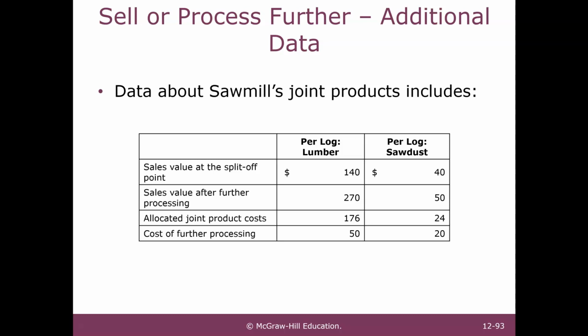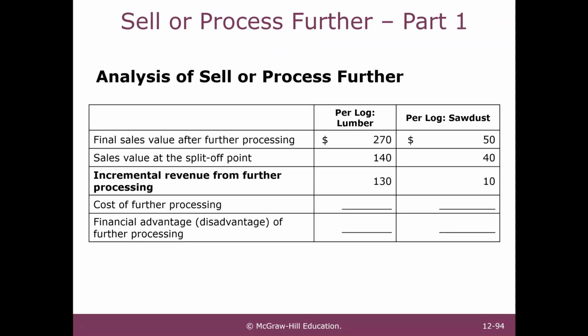The cost of further processing is $50. For the sawdust, the sales value after further processing is $50. So they can sell it for $10 more if they process it further. The joint products costs allocated is $24, and then the cost of further processing is $20.